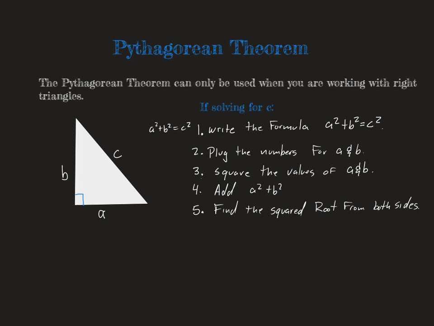Then we plug in the values, which was 3 squared plus 4 squared equals C squared. Then we square the values, so that was 9 plus 16 is equal to C squared. Then the next thing is add those values, so 25 equals C squared. And lastly, you find the square root. So the square root of 25 and the square root of C squared, and that's going to give you 5.